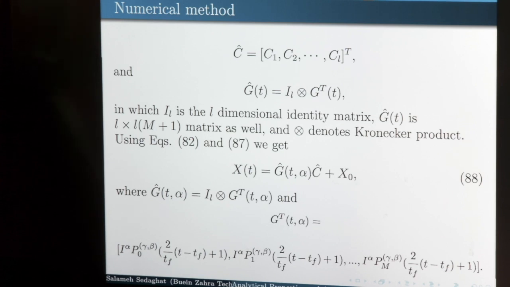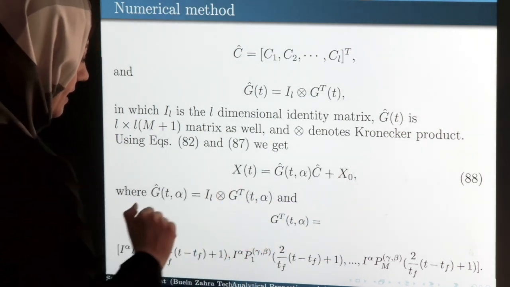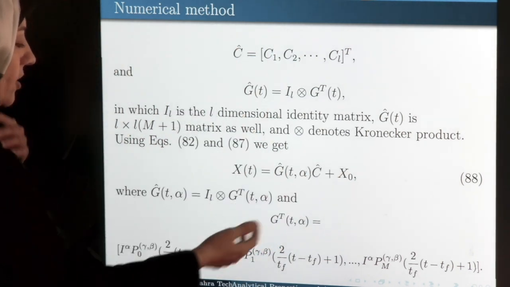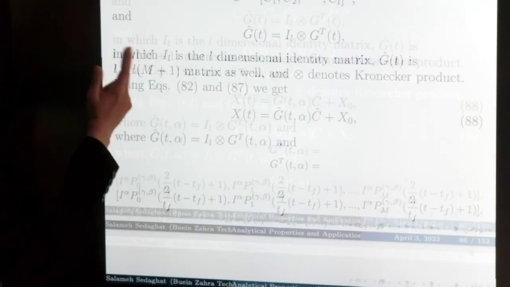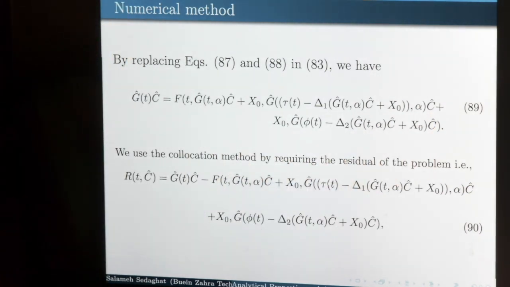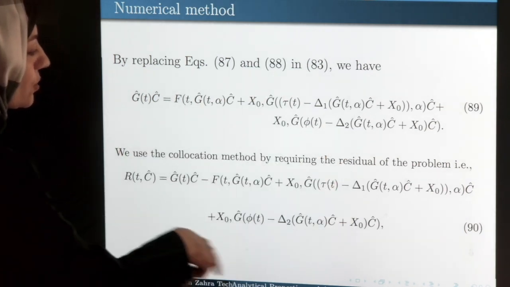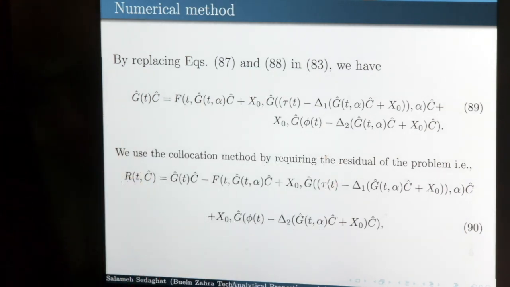By using the fractional integral differential equation, we can obtain this equation easily by substituting this equation in the main problem. Now we want to use the collocation method, and by using the collocation nodes, for example, the roots of Chebyshev polynomials, we can obtain the solution of the fractional differential equation.